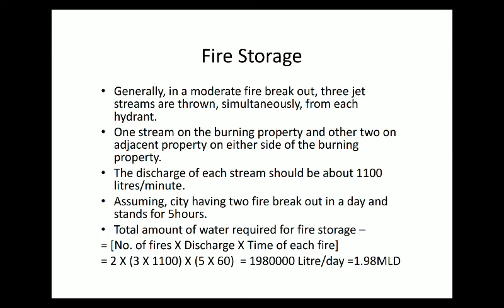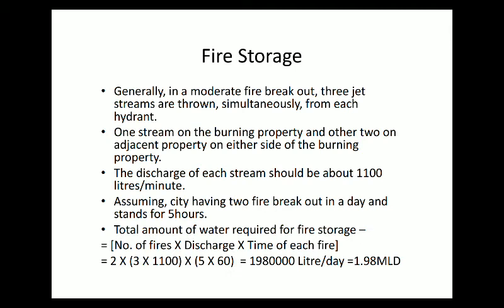That is, if a fire breaks out in a moderate situation, then a minimum of 3 jets must be thrown to the fire from the hydrant simultaneously. 3 jets is very important, as one stream goes on the burning property to extinguish the fire, and the other two jets should be thrown to the adjacent property, as the adjacent property might catch fire and it may propagate.